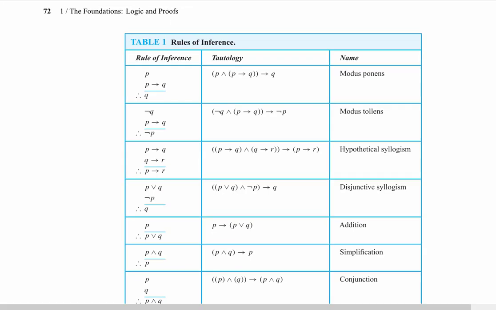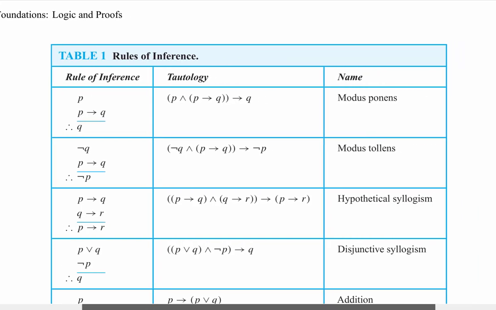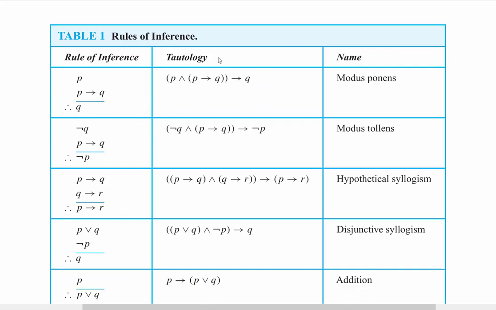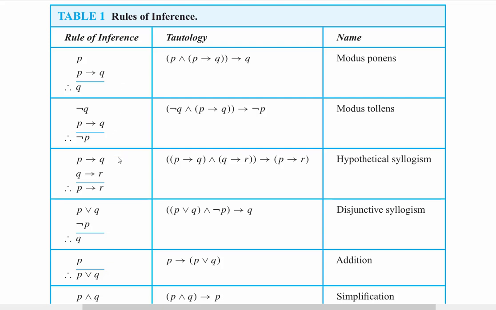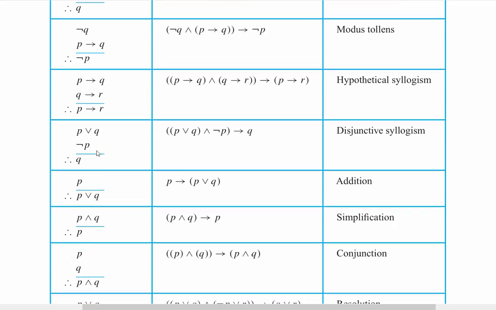Is this visible? So each rule of inference has a tautology in the background. And so we have modus ponens, modus tollens, hypothetical syllogism. There's a few more here.